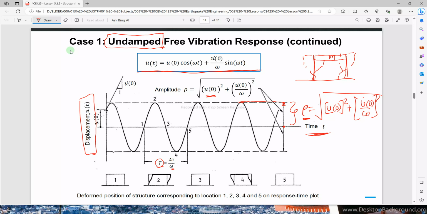So what is the natural period? It is the total cycle of the system. The total cycle of the system is measured from this point, let's say point 1, until it returns to its original neutral position, completing the whole cycle. So this is our period T equal to 2 pi over omega.